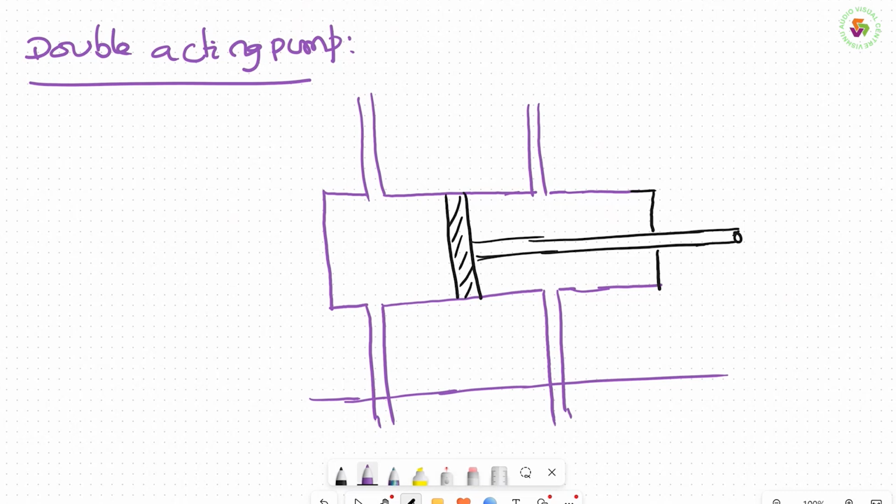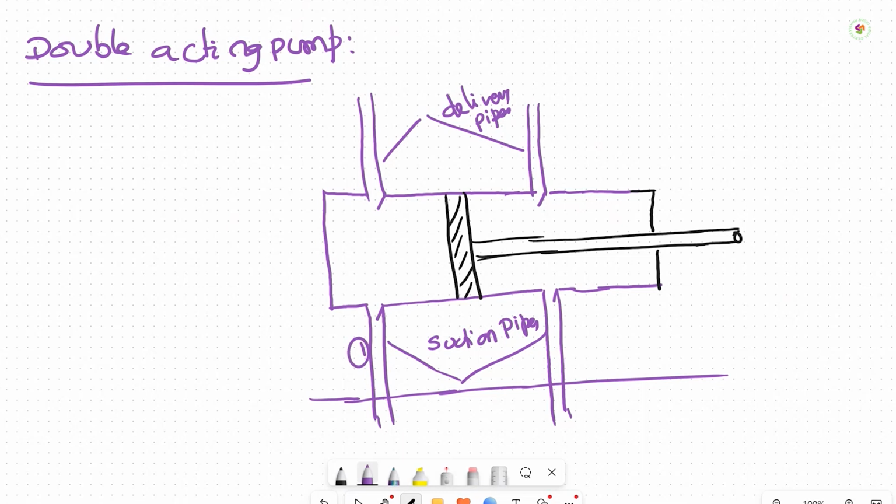The only difference is two suction pipes and two delivery pipes, again with balls. Now see the first set of pipes and the second set.